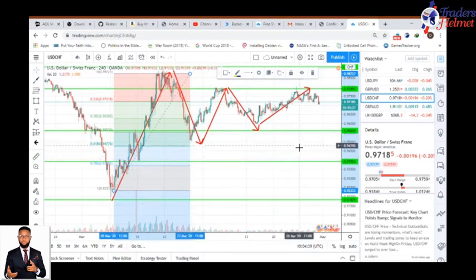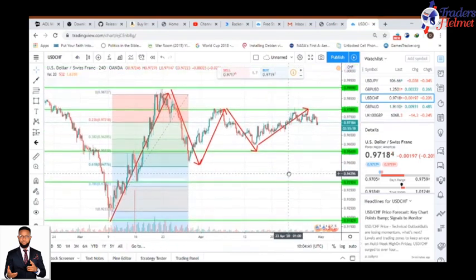You can see from this is 0, this is 0.236, this is 0.382, this is 0.5, and then you have 0.618, and you have 0.786, and then you have 0.923.